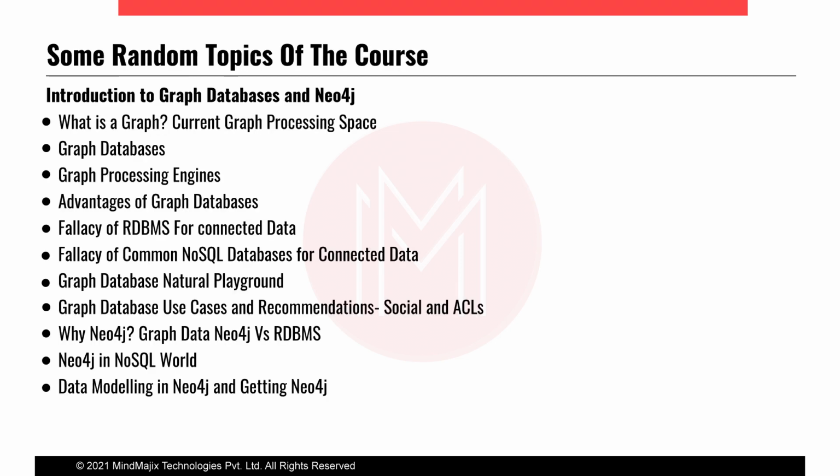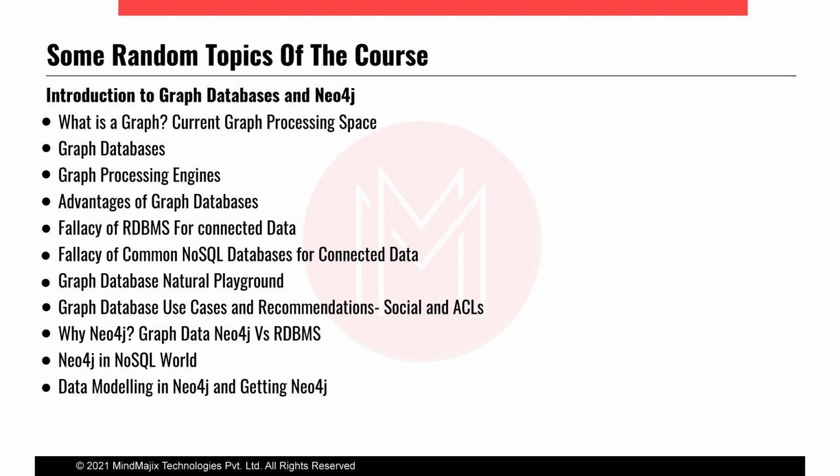Each topic is described in detail in the slides going forward. In the introduction to graph database and Neo4j, we'll address what a graph is, what graph databases are, the advantages of graph databases, and the disadvantages of RDBMS. NoSQL systems also took over for some time, but even they have their own disadvantages. We'll go through graph database use cases and real-time use cases.